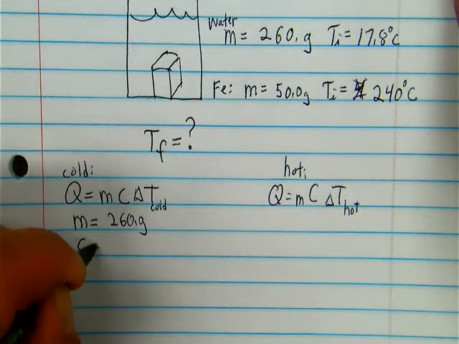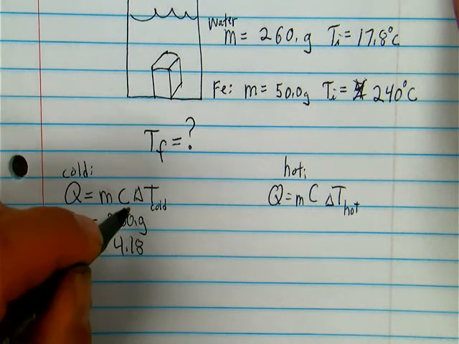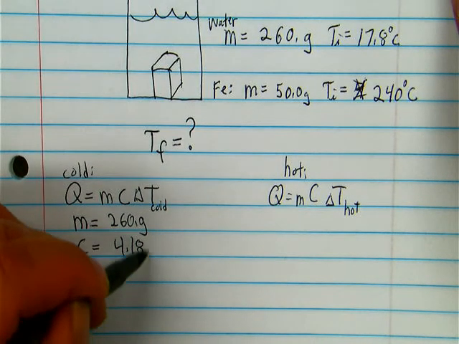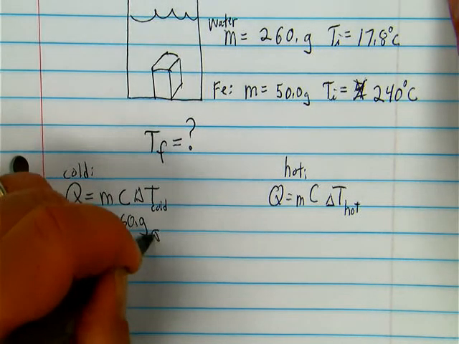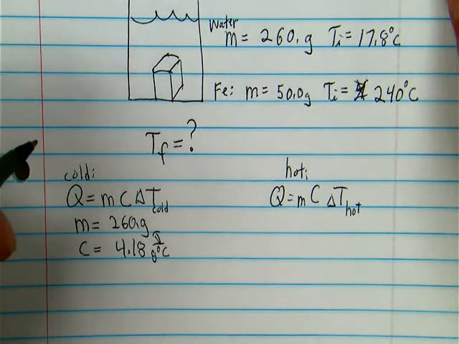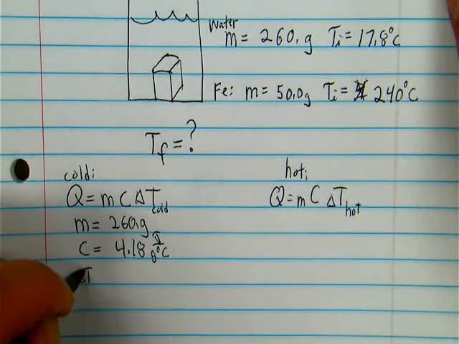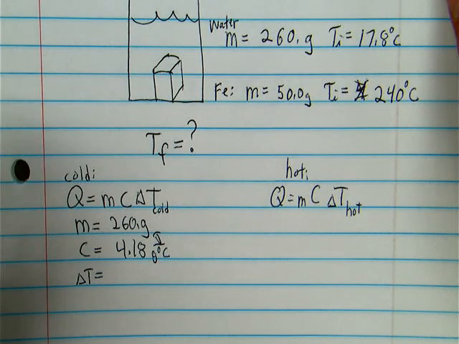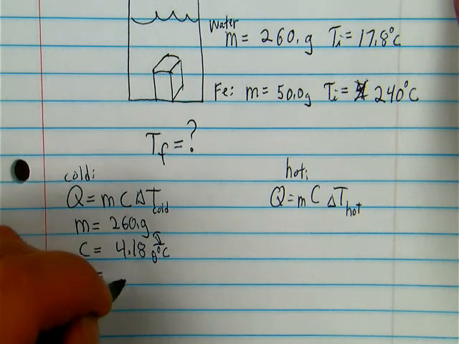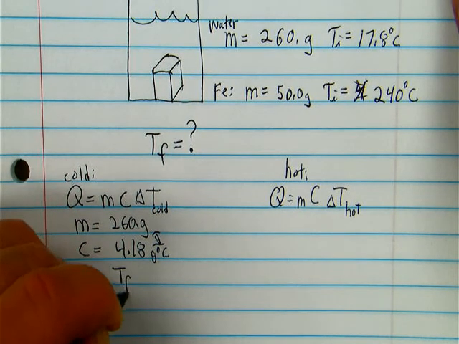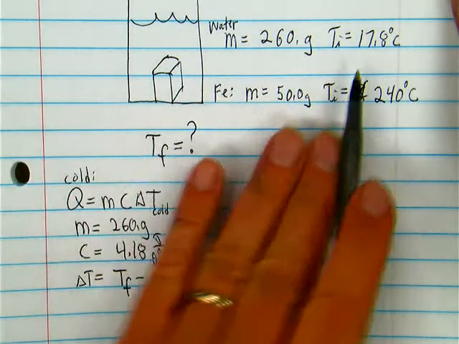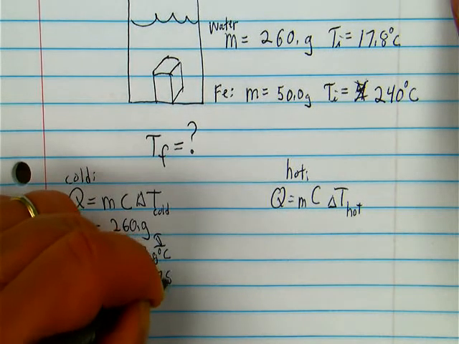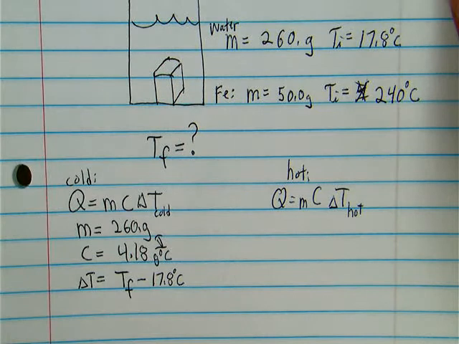The specific heat of liquid water is 4.18 joules per gram per degree C. The change in temperature is a mystery, but we can express it as the final temperature T sub F, whatever that unknown value is, minus the initial temperature of the water, 17.8 degrees C. Now you're saying, I've just traded one unknown for another.